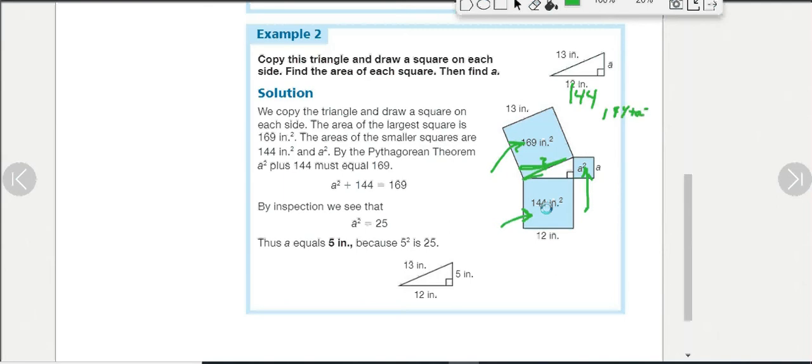We say we're missing a. c is 13 squared, which they say is 169. So move the 144 over. So it just says a squared equals 169 minus 144 is 25, if you follow what I'm doing. That's a squared. So a would be 5. Pythagorean theorem.